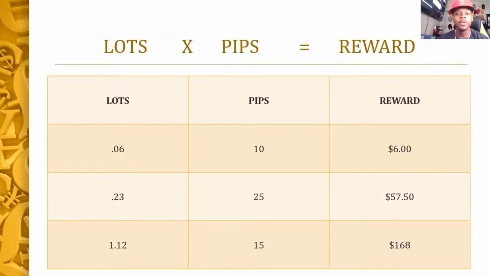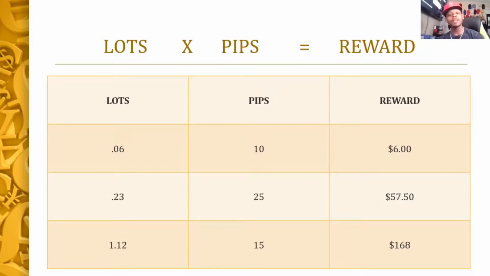Let's say 0.23, a mini lot size, times 25. So we entered a trade with a 0.23 lot size and we're trying to gain 25 pips. So 0.23 times 25 will be a total of $57.50.